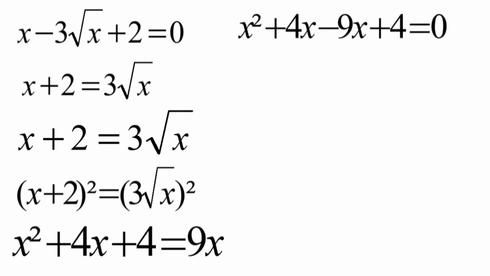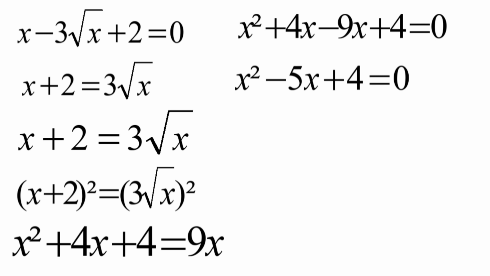So we have x squared plus 4x minus 9x plus 4 equals 0. And 4x minus 9x is negative 5x. So we have here x squared minus 5x plus 4 equals 0.